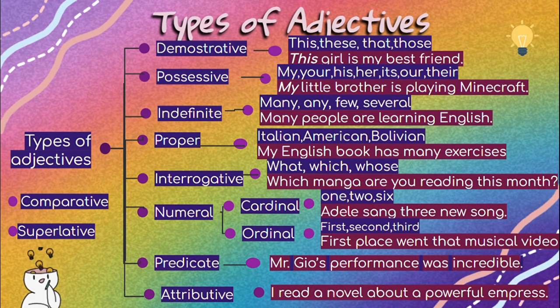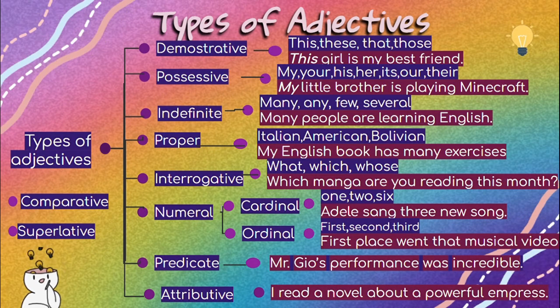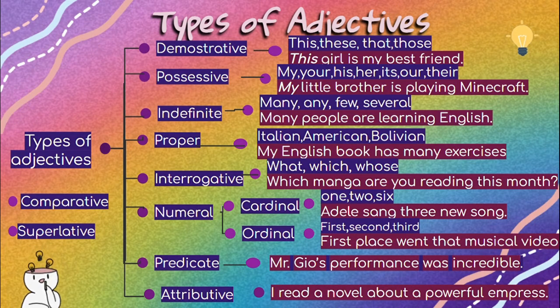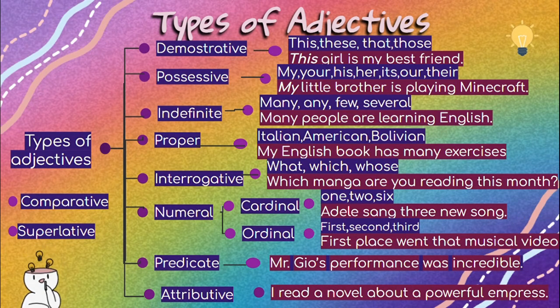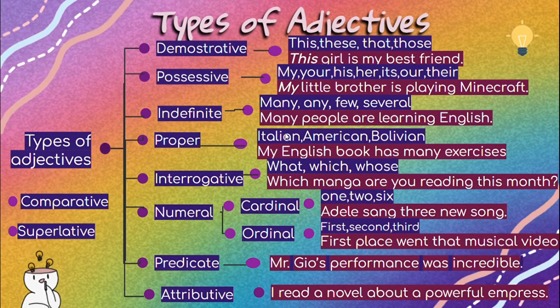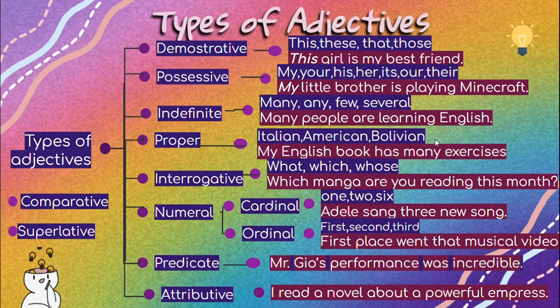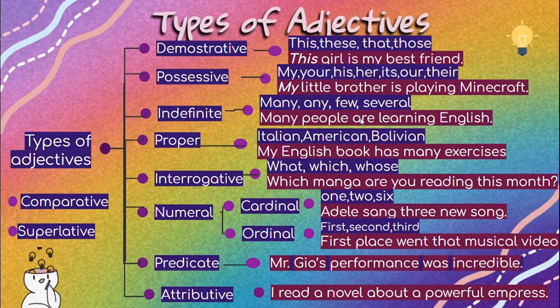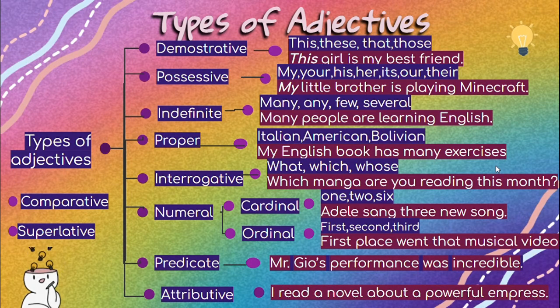The proper adjectives are commonly used to say that something is related to a specific person or place. For example, Italian, American, Bolivian, British, Russian. My English book has many exercises.